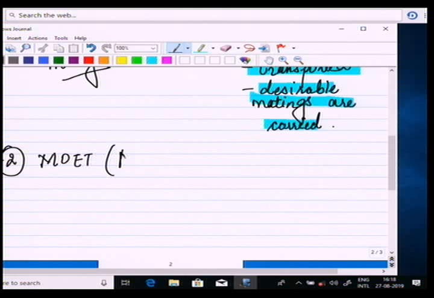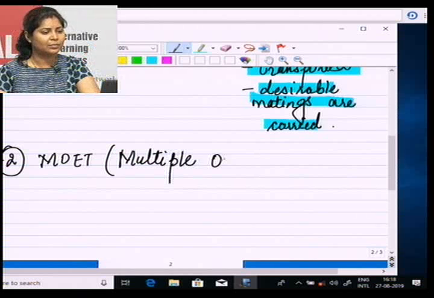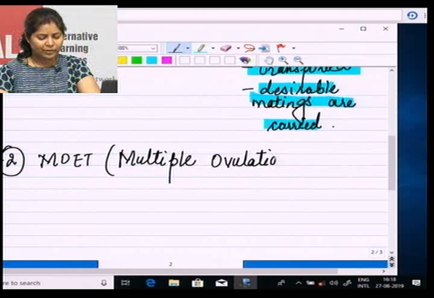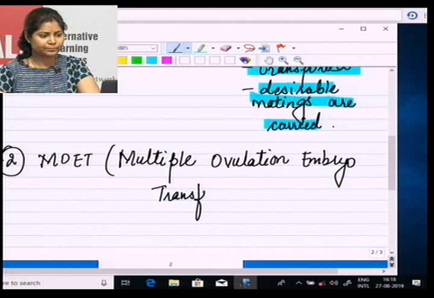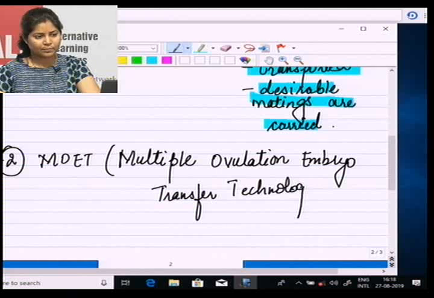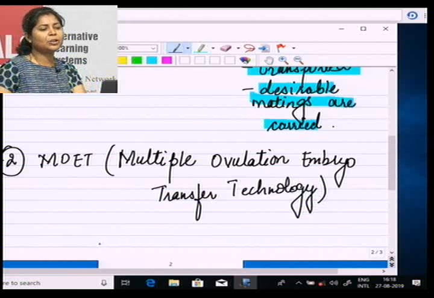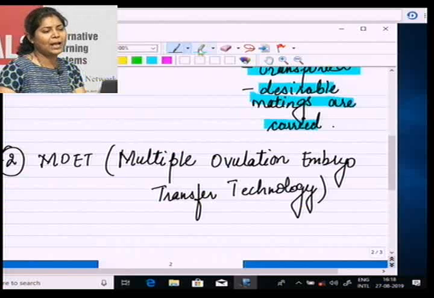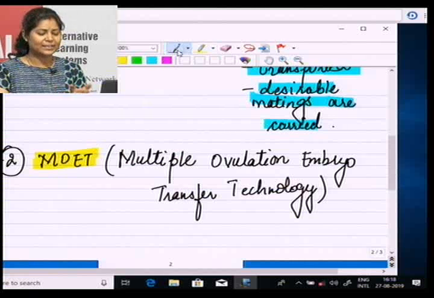MOET stands for multiple ovulation embryo transfer technology. So this is multiple ovulation. What thought do you have when you hear this term? Obviously there must be many ova forming at the same time.